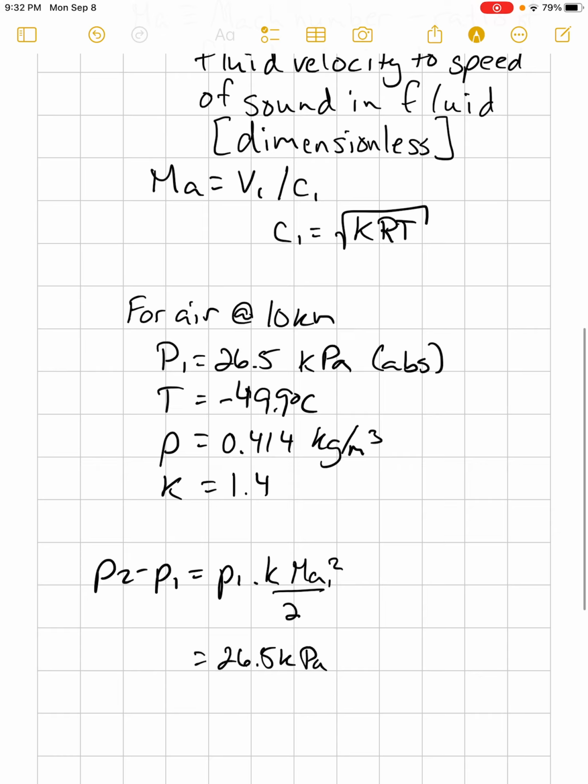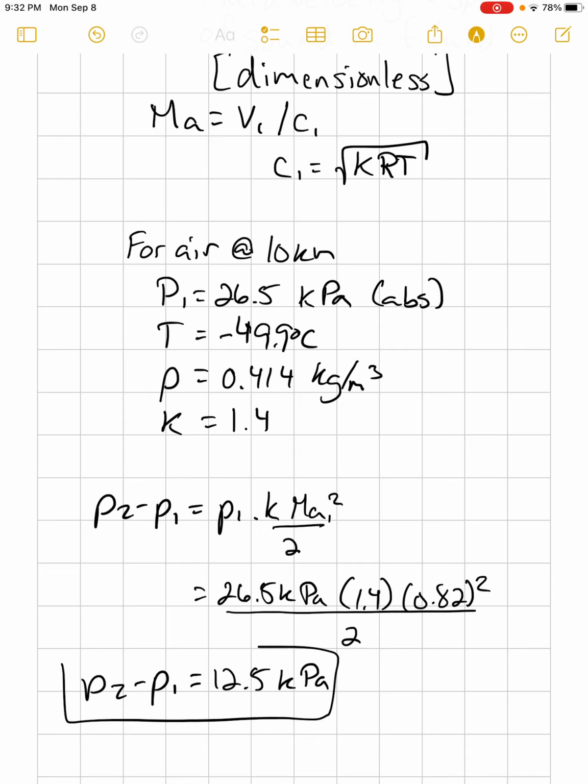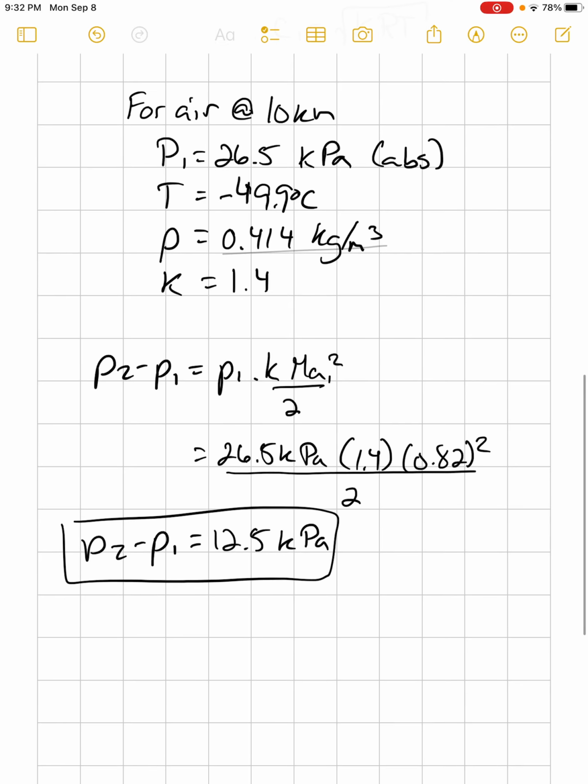So that's going to be 26.5 kPa times 1.4 times 0.82 squared. That's going to all be over 2. So that gives us a stagnation pressure of 12.5 kilopascals. Okay, so that's when it's incompressible.